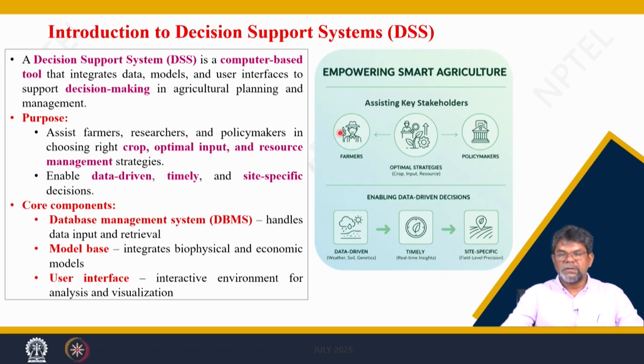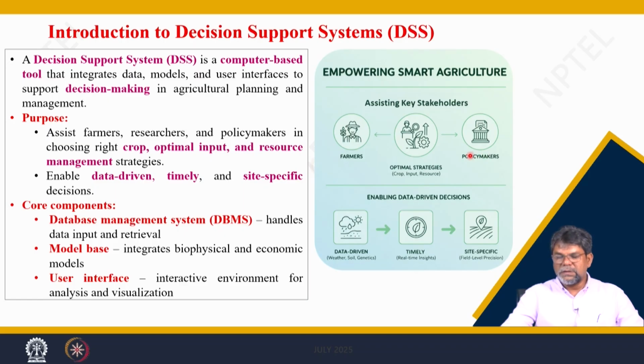The decisions go to farmers, particularly as we discussed in the previous class, for weather based crop planning. The model can be used as an advisory for weather based crop planning, that goes to the farmer.